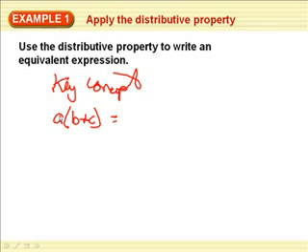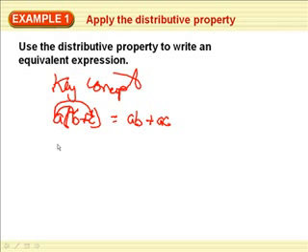So we can break it down and take the number on the outside and distribute the A into the parentheses. We distribute the A to the B, and we distribute the A to the C. We do that by multiplying, since when there's nothing between a letter and parentheses, it means to multiply. So A times B plus A times C.